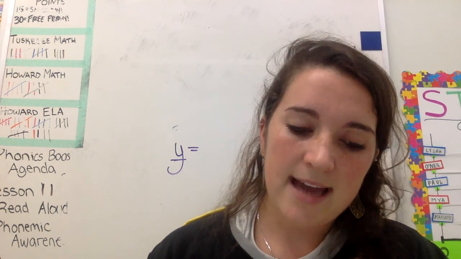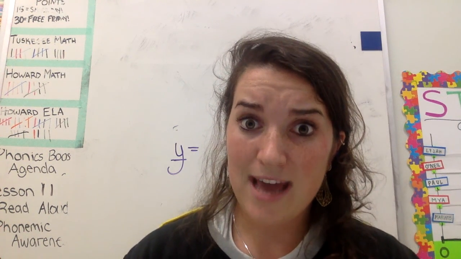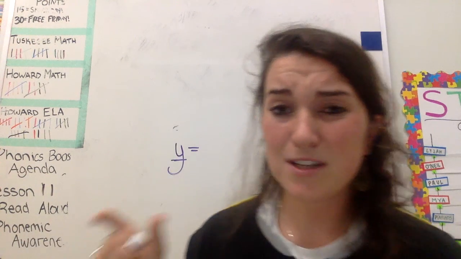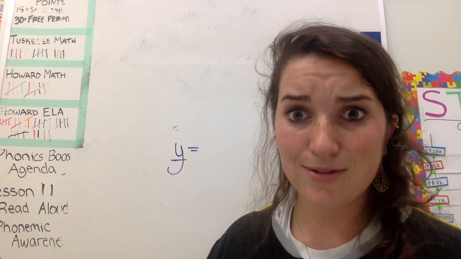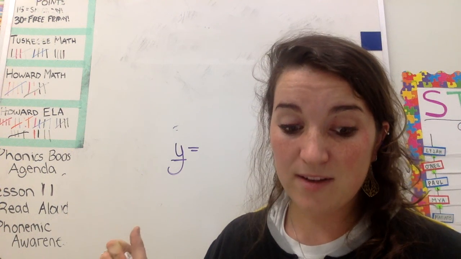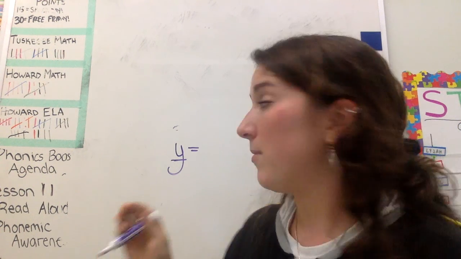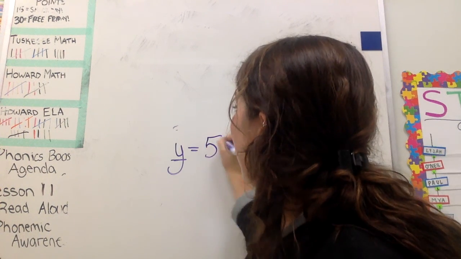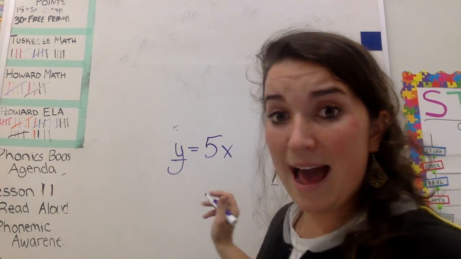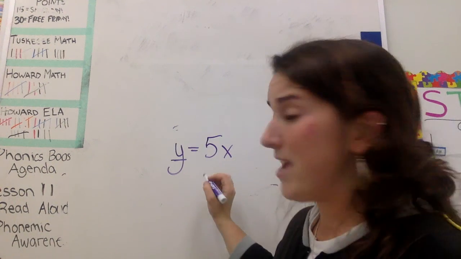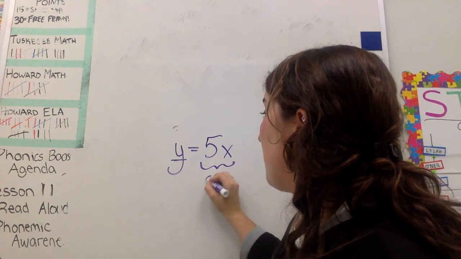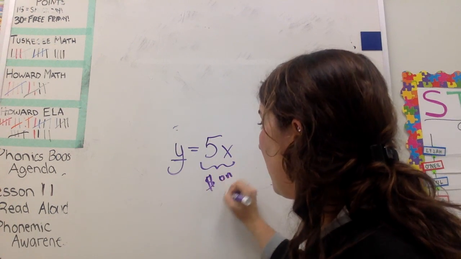So if he buys X apples and an orange, and I need to know the money he spent, first, how much did he spend on apples? He spent $5 for each apple he bought, and he bought X apples. So he spent 5X on apples, 5 times X, right? So this is money on apples.